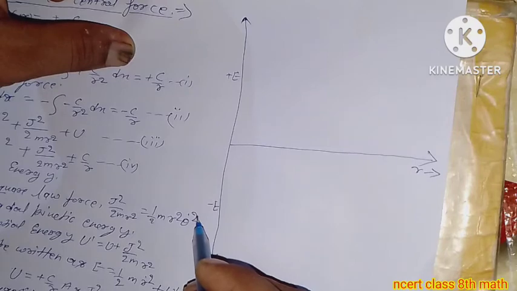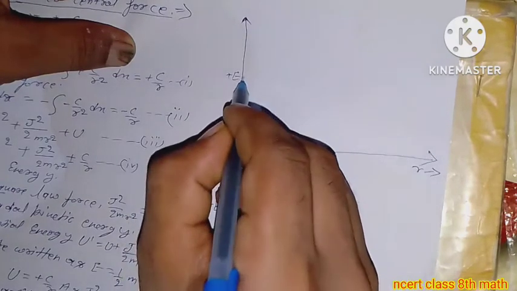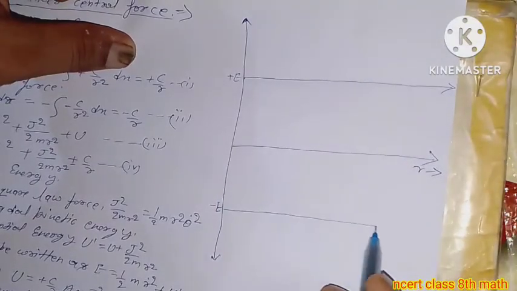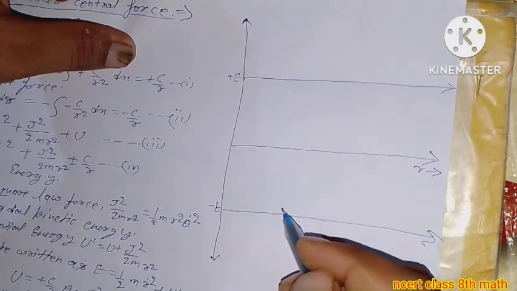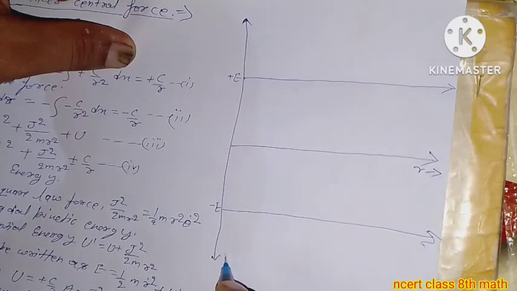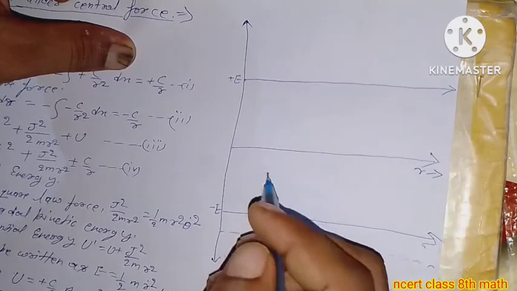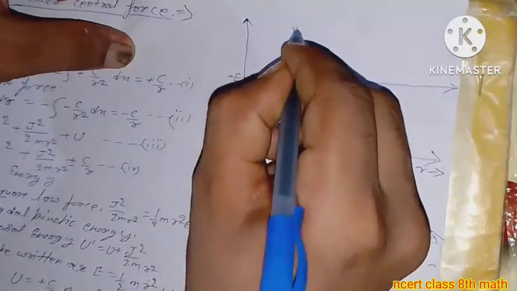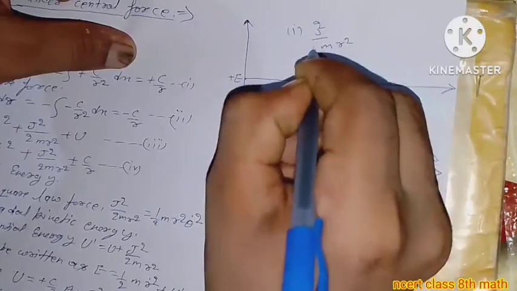Then the first curve, that means the first case, is J square upon 2m r square.